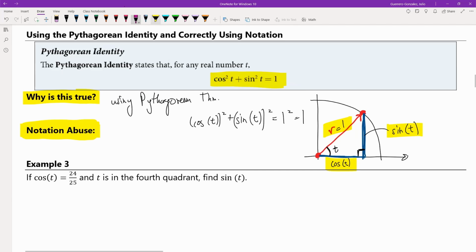Notice what I wrote, and notice where I'm using my parentheses. In this one, I'm grabbing cosine of t, that entire thing, and then squaring it. In here, I'm doing the exact same thing, but with sine. So I'm grabbing sine of t, the entire thing, and squaring it.